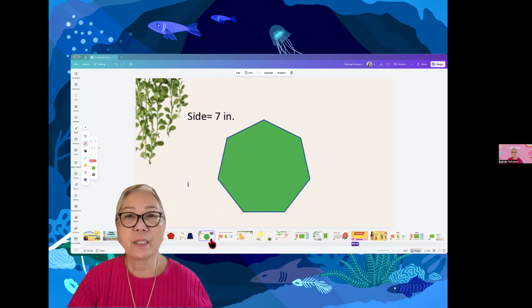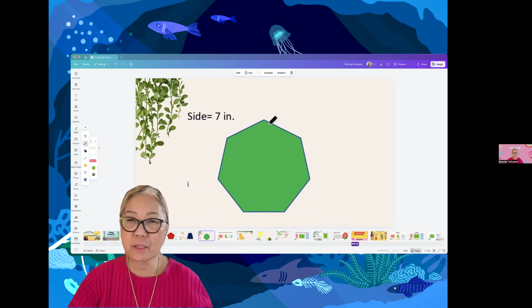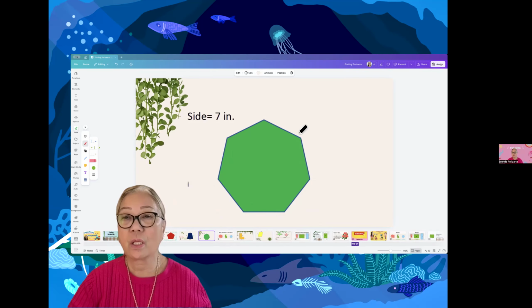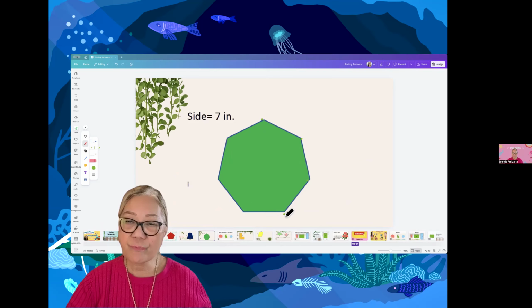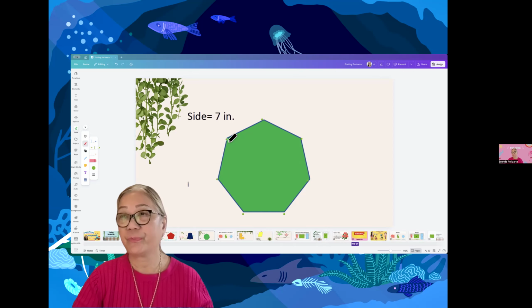All right. Now let's have this one. What kind of polygon is this? Let's count the sides. 1, 2, 3, 4, 5, 6, 7. There are 7. How many corners? 1, 2, 3, 4, 5, 6, 7.